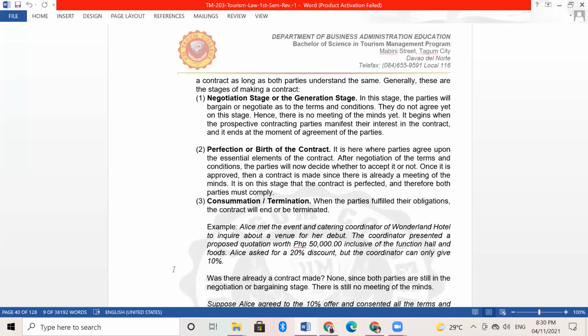Since there is already a meeting of the minds, it is at this stage that the contract is perfected, and therefore both parties must comply. Third is the consummation or termination. When the parties fulfill their obligations, the contract will end or will be terminated.